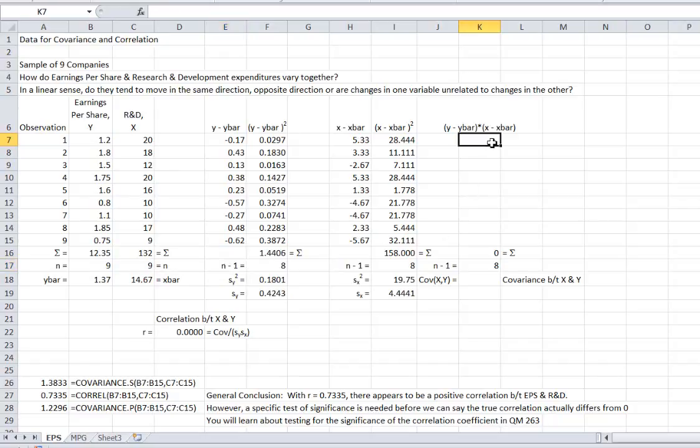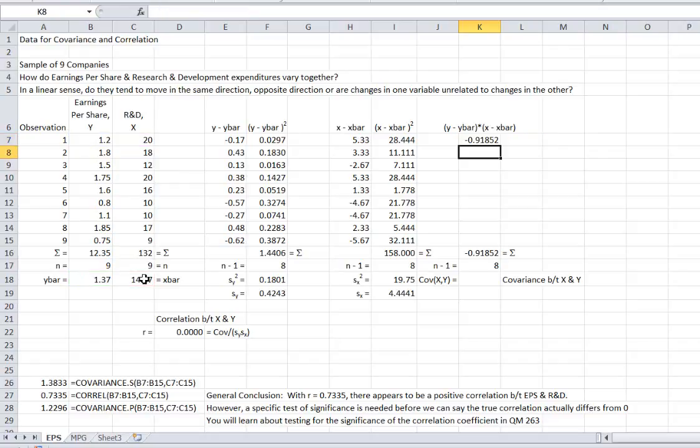And now this is what's new. This is dealing with the covariance, and we take each value minus its mean. For y, basically we want the cross product of the deviations. So then do that for x. 20 minus its mean of 14.67.